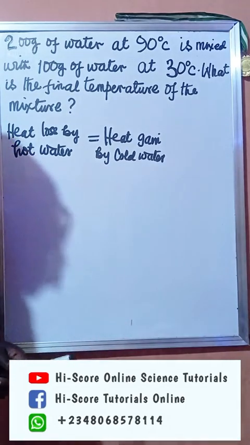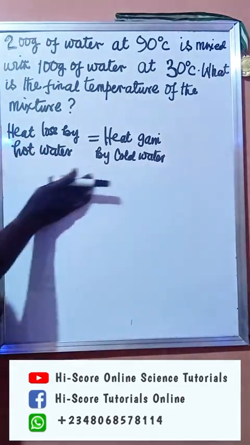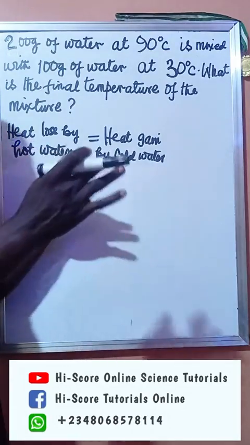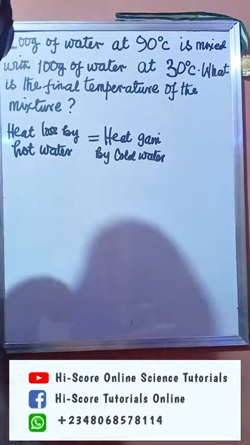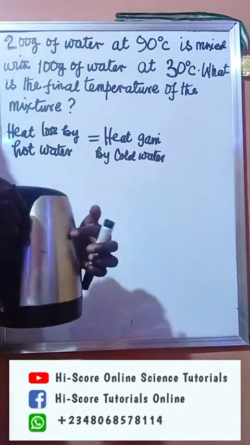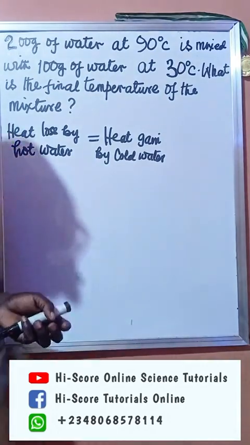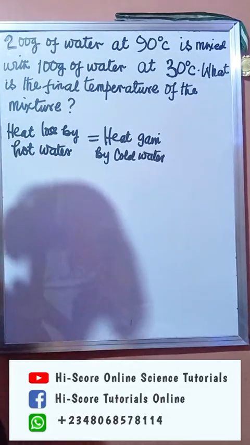So as the water is being poured, some part of the heat is lost. So this is only true if we assume that there is no heat loss to the surrounding or by any means. Remember, there could also be heat loss by conduction by virtue of the container carrying the hot water. So some heat may be lost. By this, we are assuming that there is no heat loss to the surrounding.